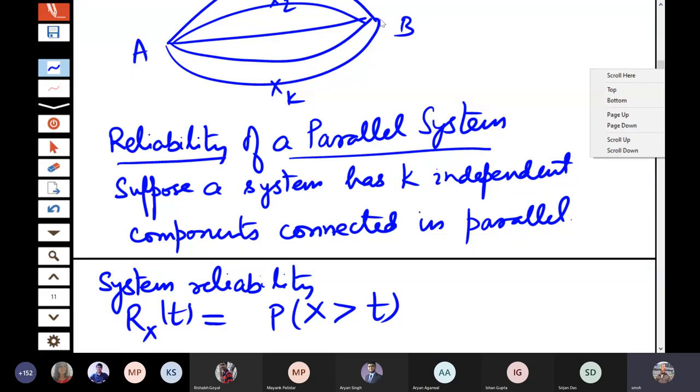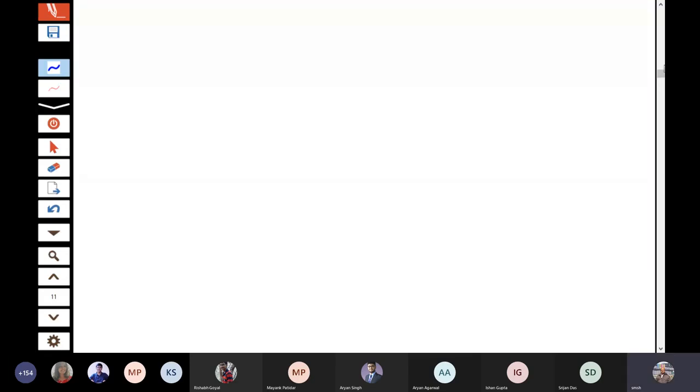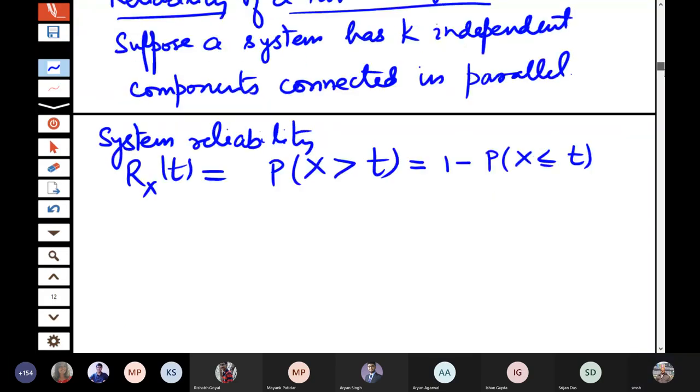So here we can write it as 1 minus the probability of x less than or equal to t. x less than or equal to t means that the system has failed at time t or before time t.